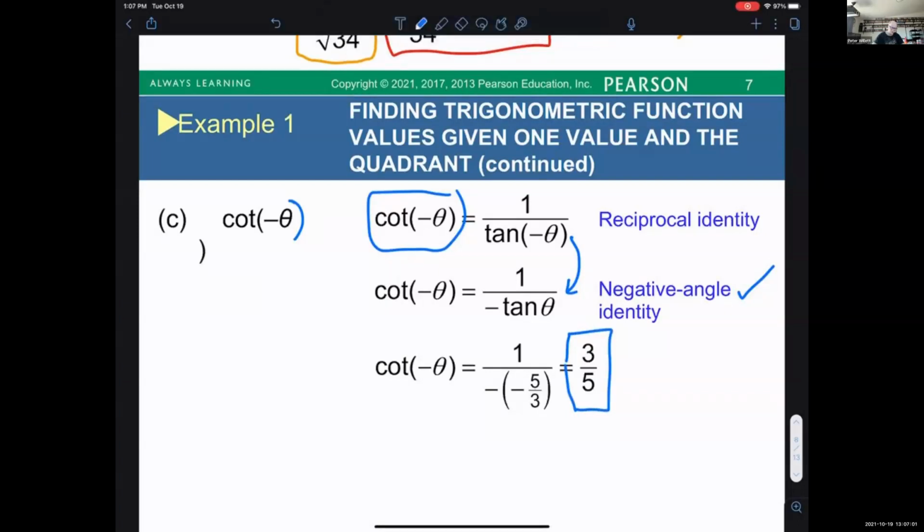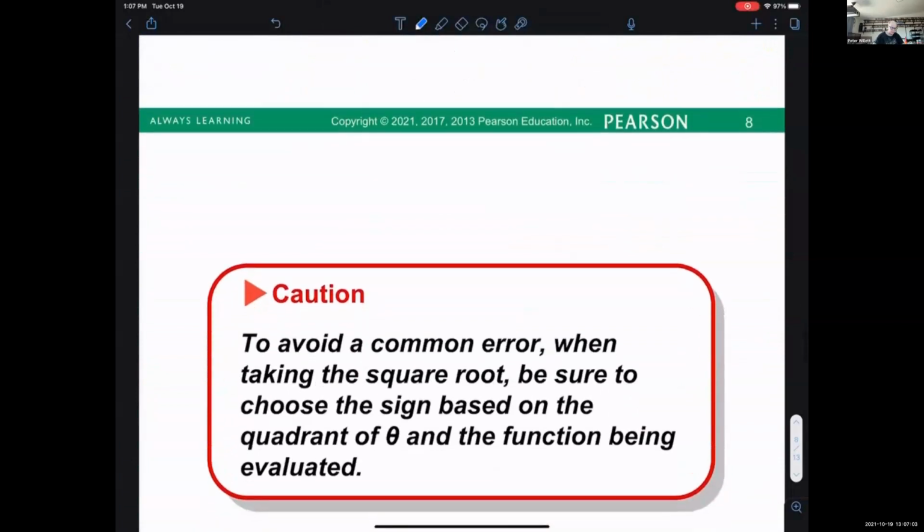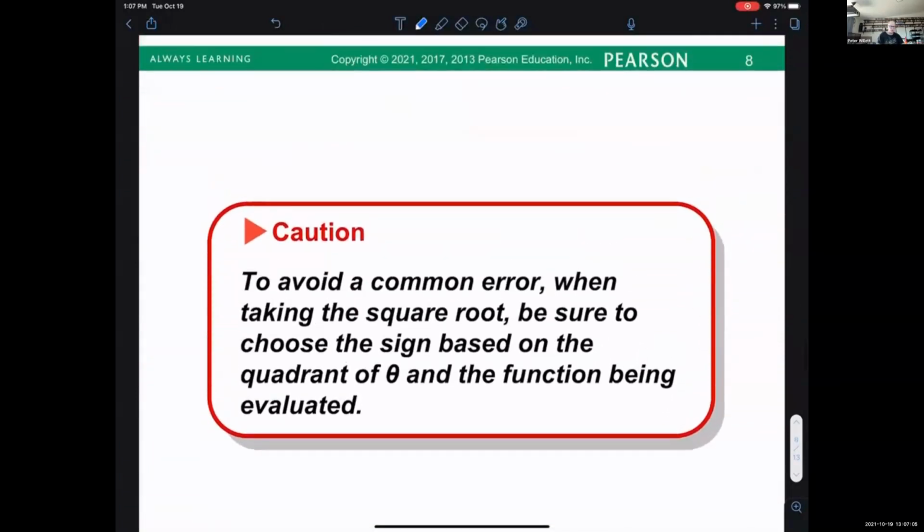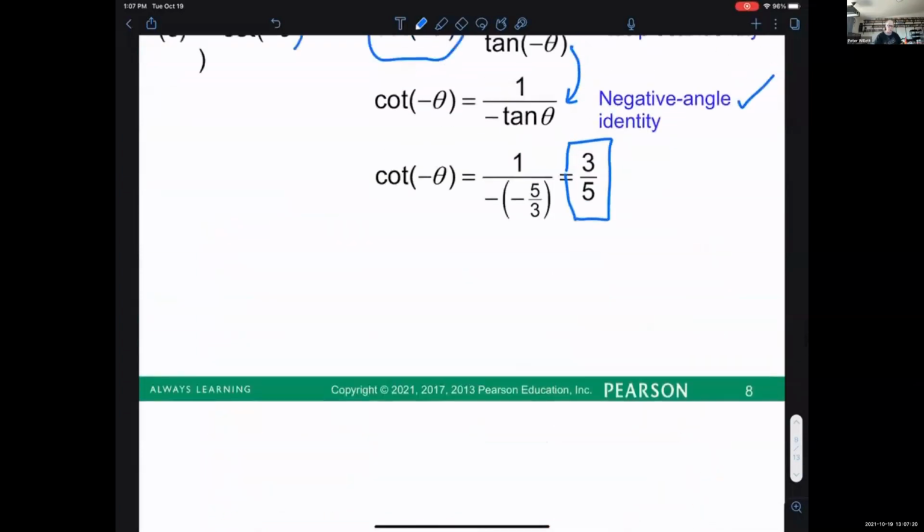All right, let's see if they do another one of these for us. We have a caution. To avoid a common error, when taking the square root, be sure to choose the sign based on the quadrant of theta and the function being considered. So we saw that in the example up here.